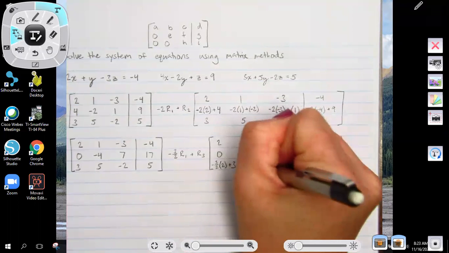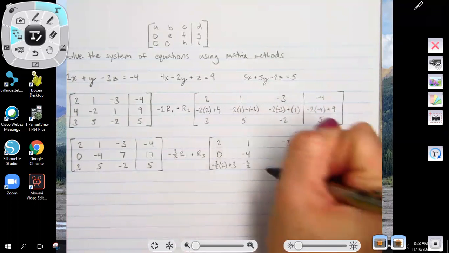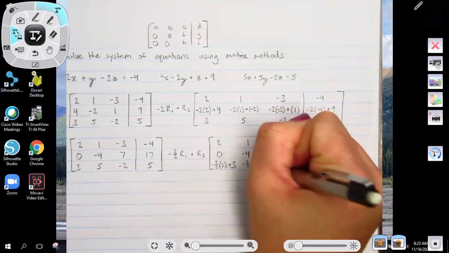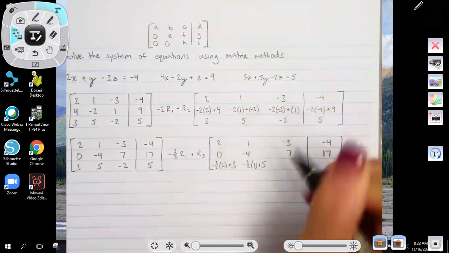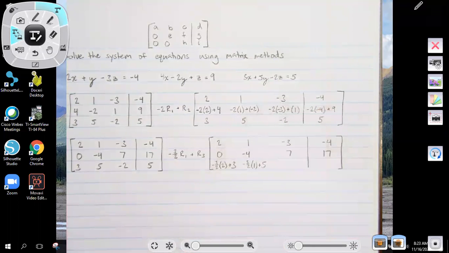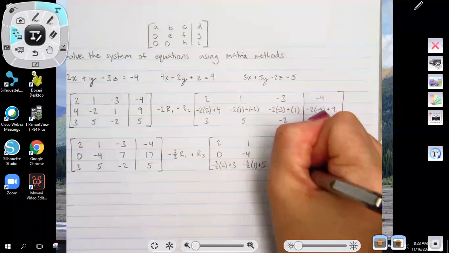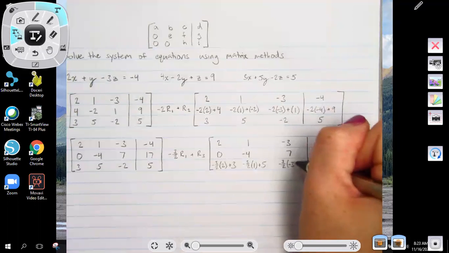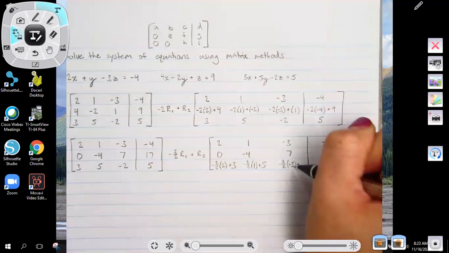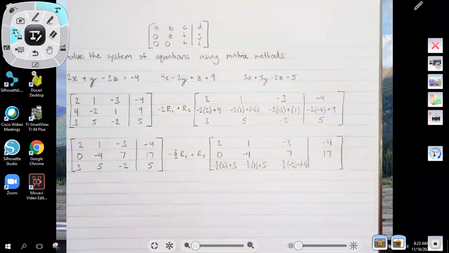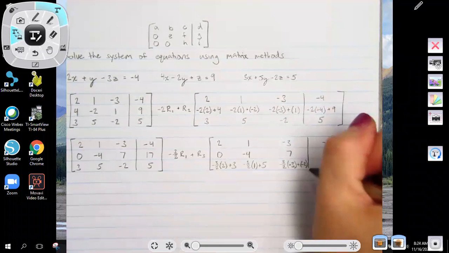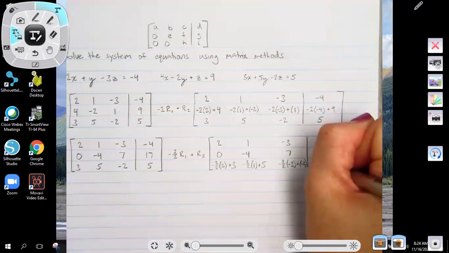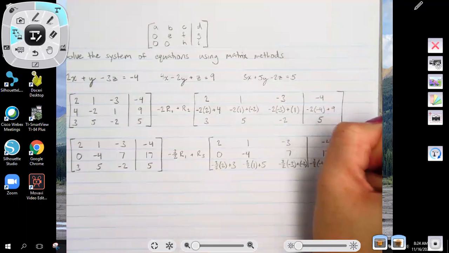Then we've got -3 halves times row 1, which is 1, plus row 3, which is 5. -3 halves times row 1, which is -3, plus row 3, which is -2. Last one, -3 halves times row 1, which is -4, plus row 3, which is 5.